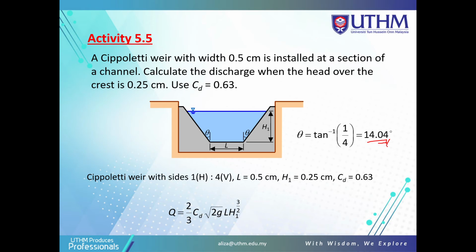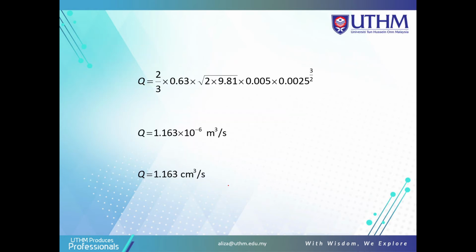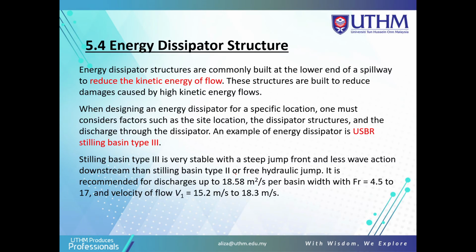Then using the formula for the Cipolletti weir, just put all the values here until you get the Q. This is the direct formula that you use, and you put in all the values and then you get the Q.